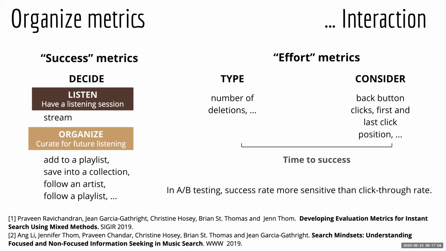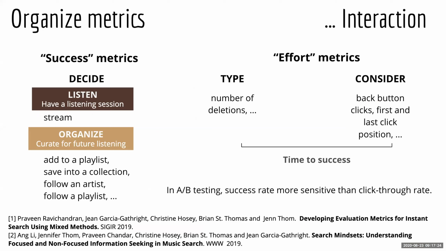And this is what we mean by organized metric. So success metric here is you stream, or going back to the question now is, oh, this is a track, this is interesting. I'm going to add it to a playlist. I'm going to save it into a collection. I'm going to follow that artist, and so on.